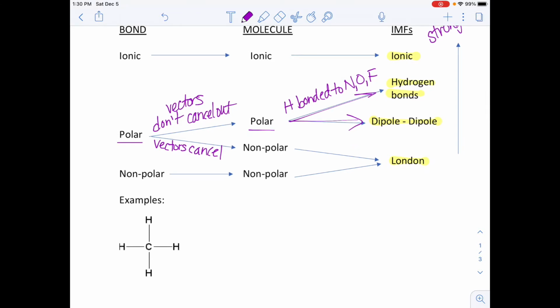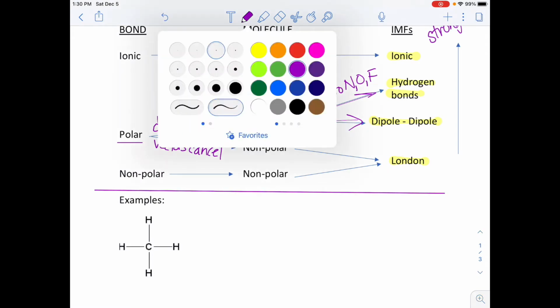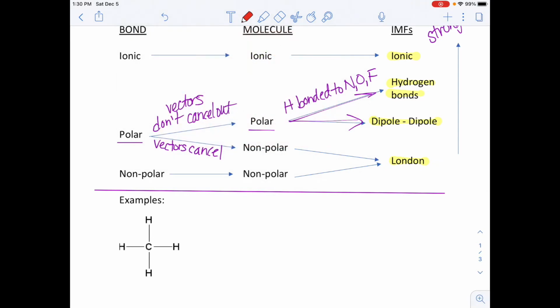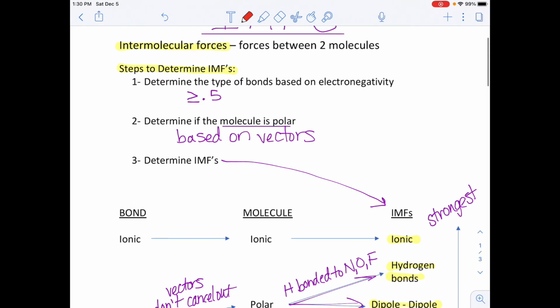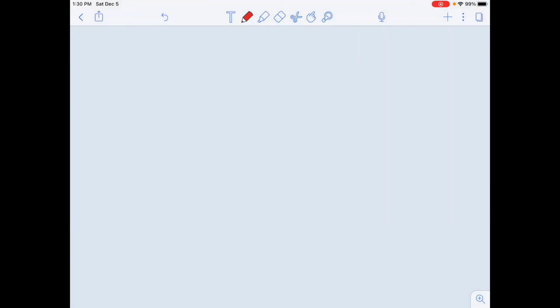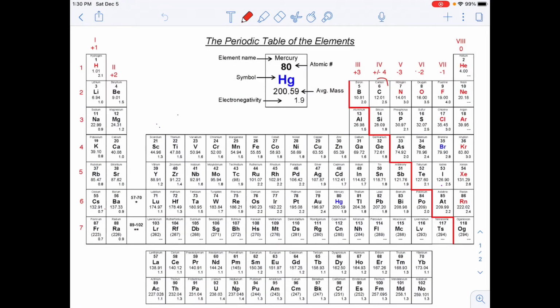Okay, let's start with our first one here. We have CH4. Last section we practiced whether or not the bond is polar based on electronegativity. If we look at our periodic table and we find carbon over here and hydrogen over here, remember hydrogen is a nonmetal, the electronegativity values are in the bottom corner. So we have 2.5 and 2.1.